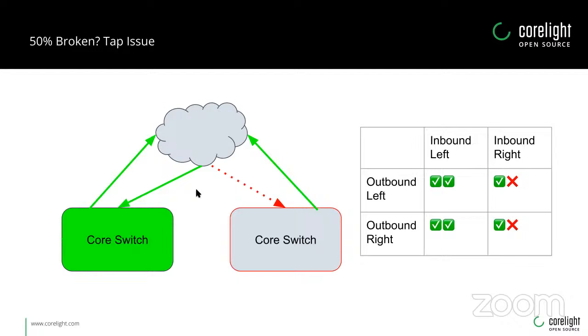And a problem could be that one of the links is okay. So whoever set up the first pair, both of those links are good, but on the other pair, one of those links is either down, right? It could be plugged into the wrong place, it could be a dirty fiber, any number of causes. And when you do the math, both outbound paths are okay, but 50% of the time it uses one of the inbound paths that is not okay, and you get these half duplex connections.